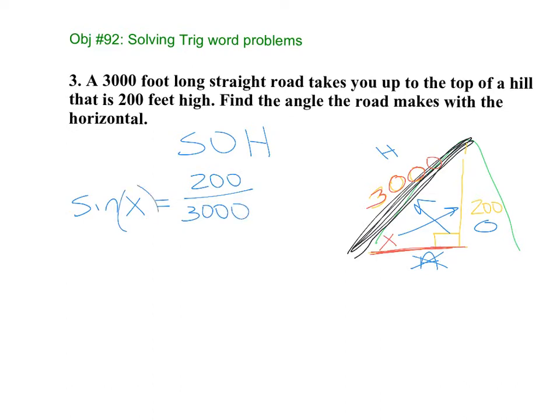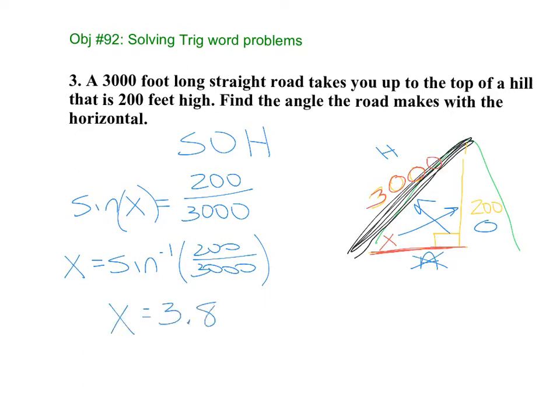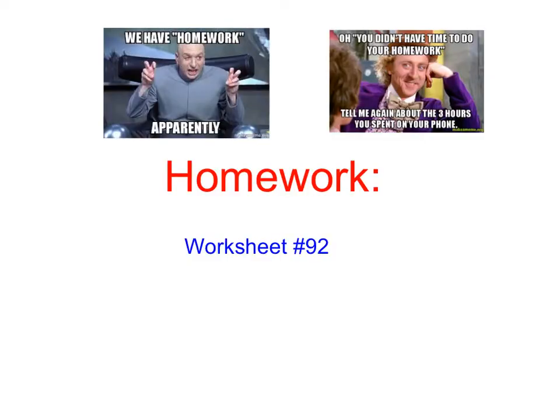Whenever you're finding the angle, this is where you have to do the inverse. Sine inverse of 200 over 300, and we get 3.8 degrees. That sounds about right. The degrees of hills are typically a lot smaller than you would think. That's it. So draw your pictures.